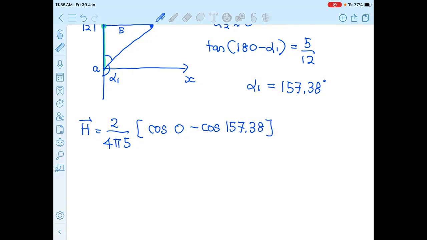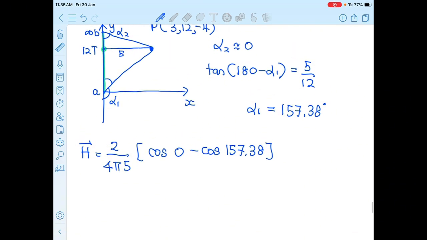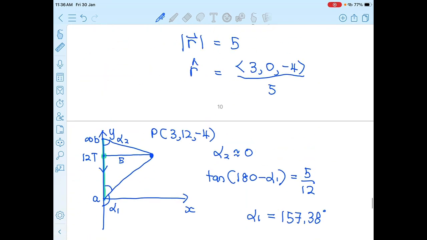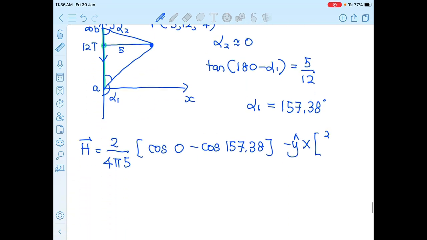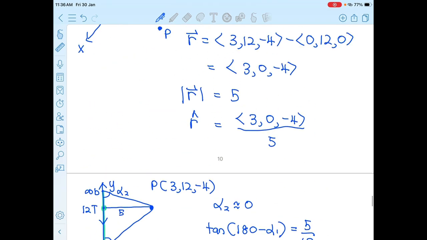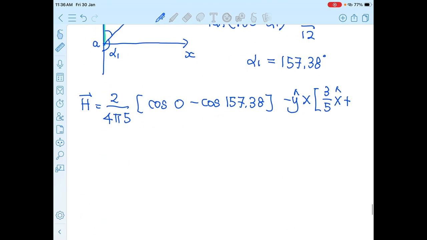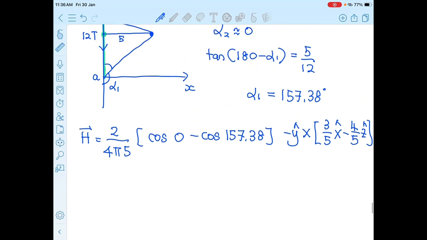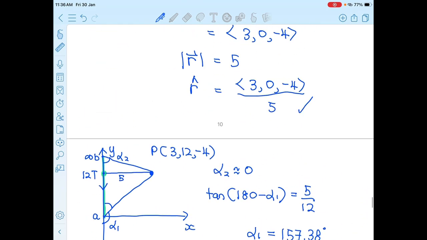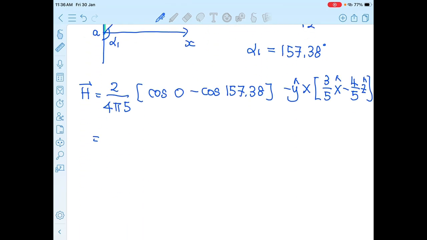And the phi is equal to dl cross with the unit vector r. dl follows the direction of the current, so it's negative y, cross with r, which in this case is 3 over 5 x minus 4 over 5 z. It's coming from here. So let's do this.